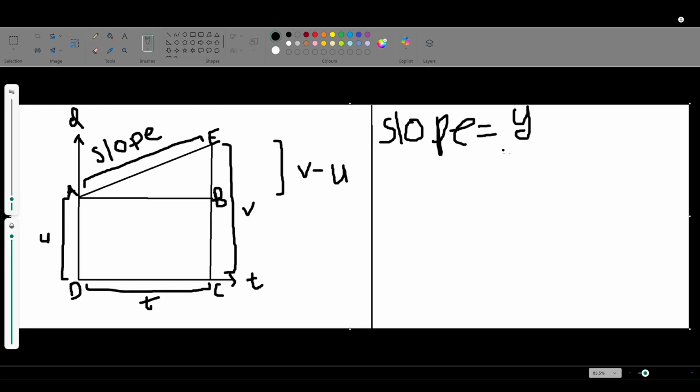y by x. And you might be asking what is y, what is x. y is generally the height, and x is the base.